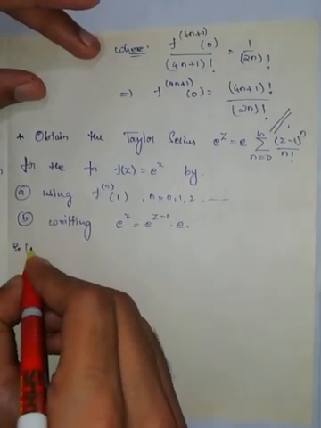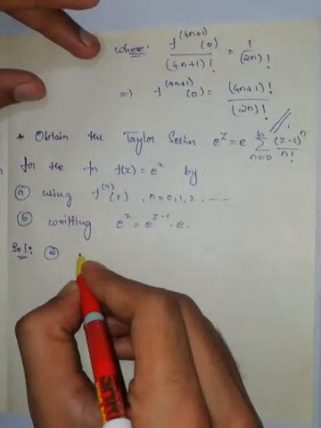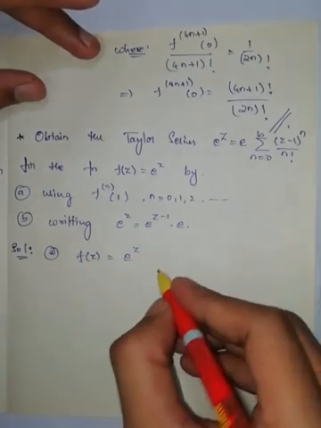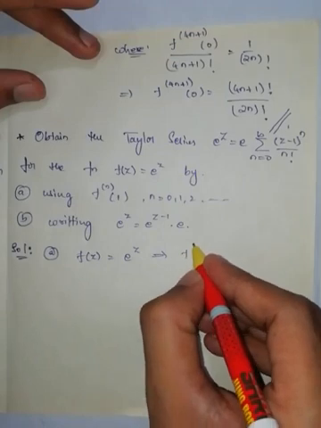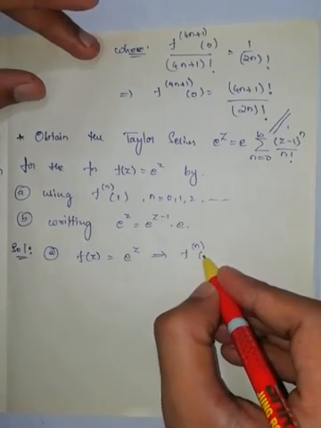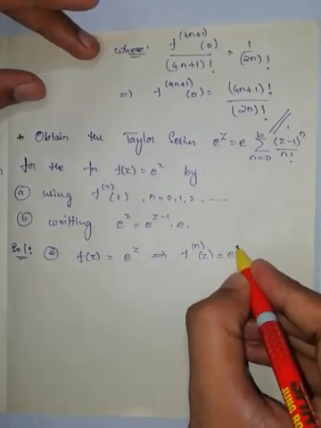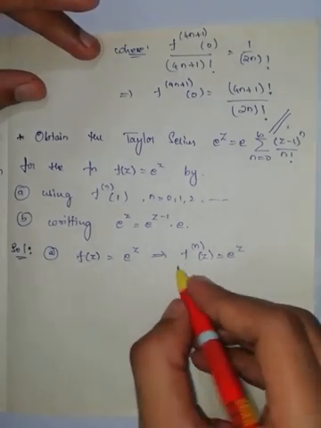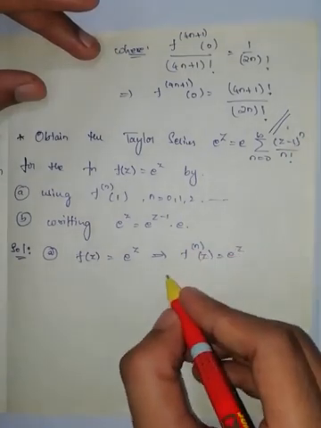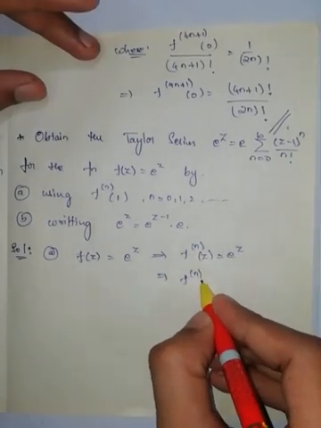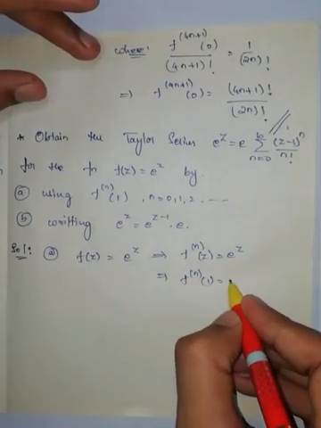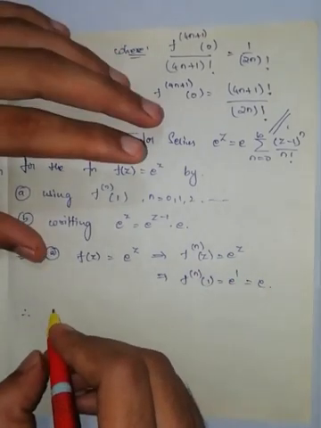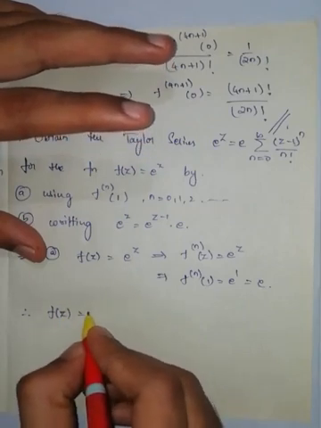Solution. First one, f of z is equal to e to the power of z. Then the nth derivative of f is e to the power of z. Now we want at 1, so the nth derivative at 1 is equal to e to the power of 1, which is equal to e. Therefore f of z is equal to e to the power of z.